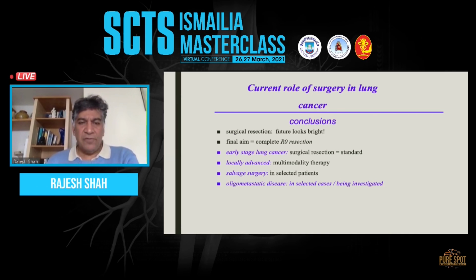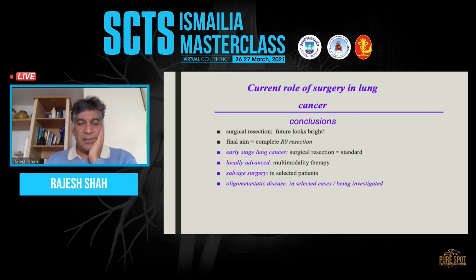So the current role of surgery, future looks bright. Screening is going to evolve, is already evolving in various parts of the world, and it'll only get implemented even more in the future, in the next decade or so. The final aim is complete resection. Early stage lung cancer, surgical resection is standard.